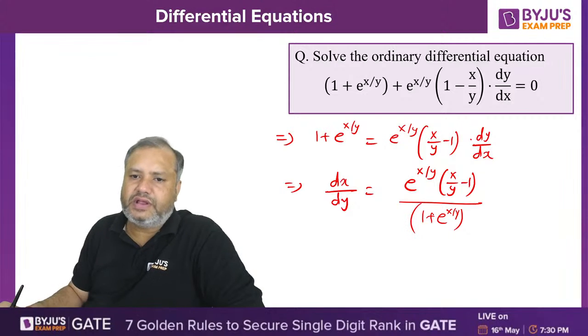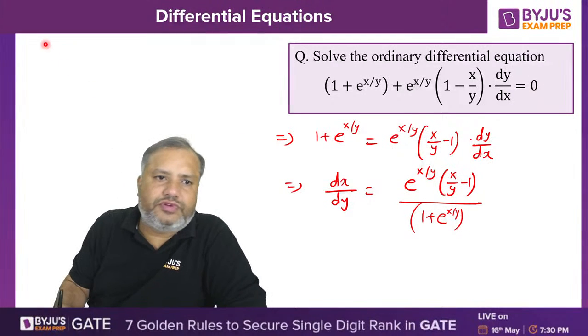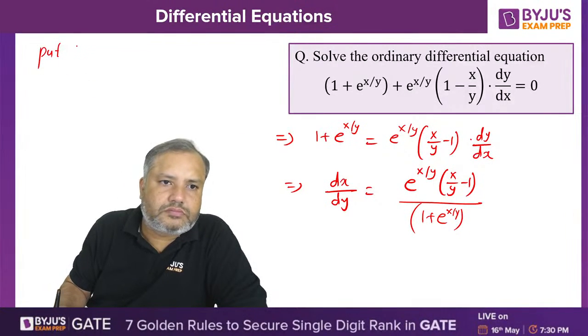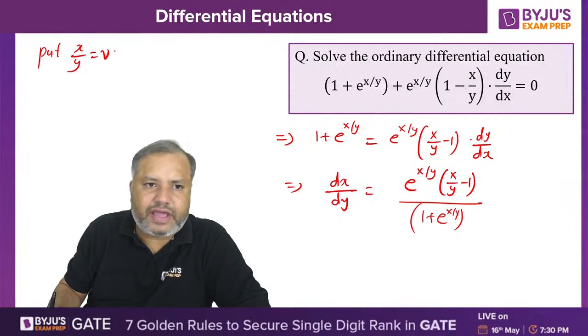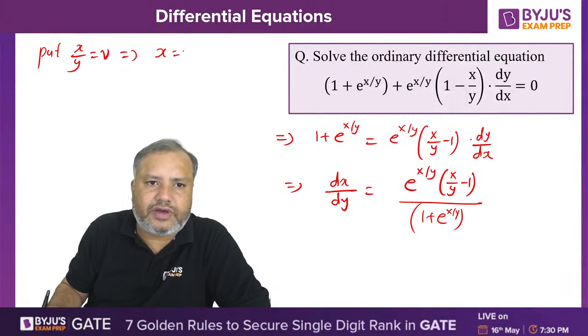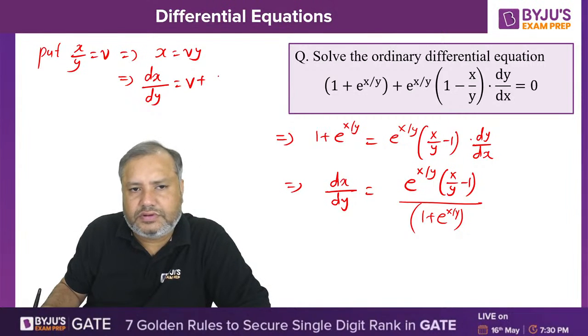Now what can be done here? Put x by y equal to v. So x by y equal to v means x equal to vy. So dx by dy equal to v plus y dv by dy.